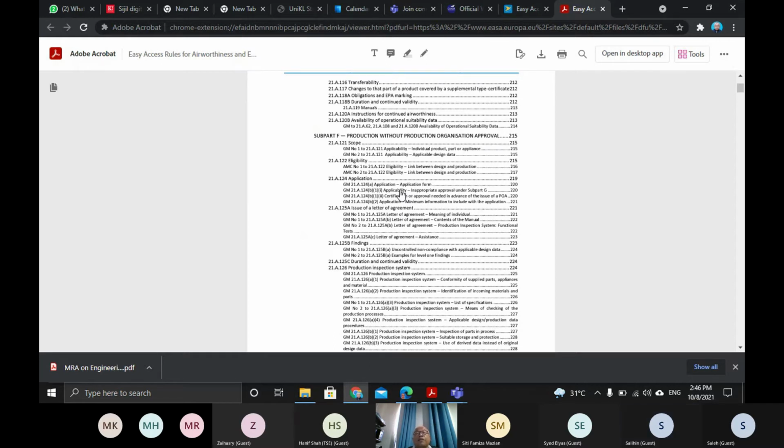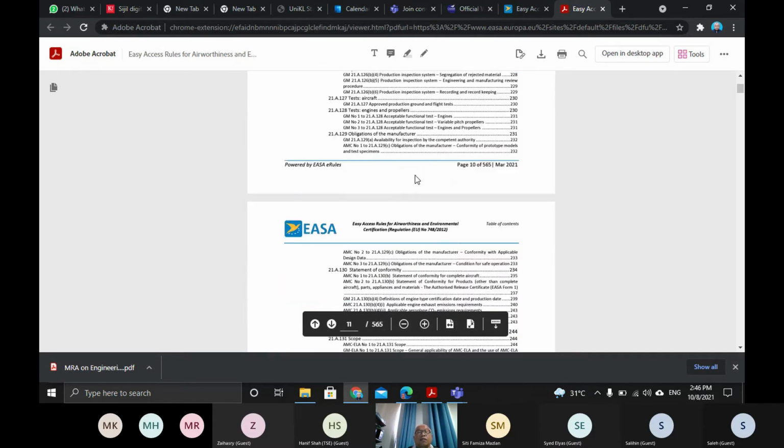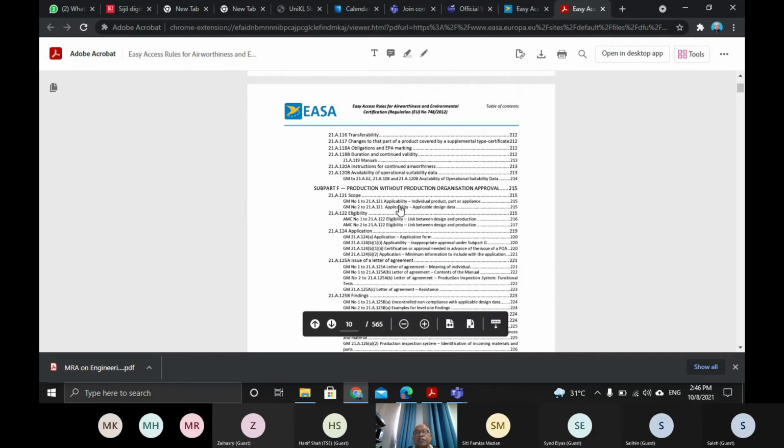So you have to apply using Part 21 Subpart F. We do have this, but it is still not translated to the CAT. For production without production approval, it is still in the form of a notice. So you can go to the CA website, go to notice, and you can see this production without production organization approval.